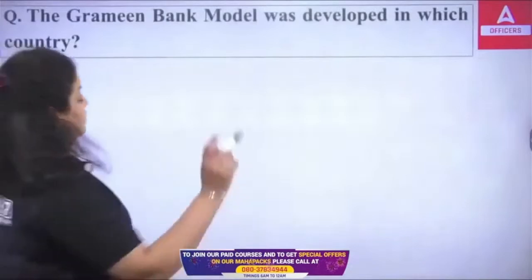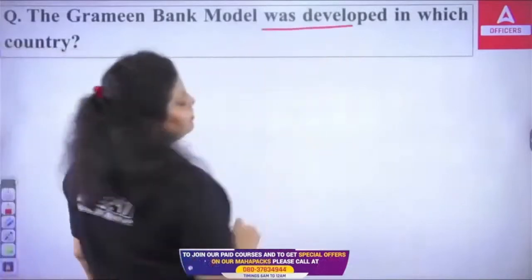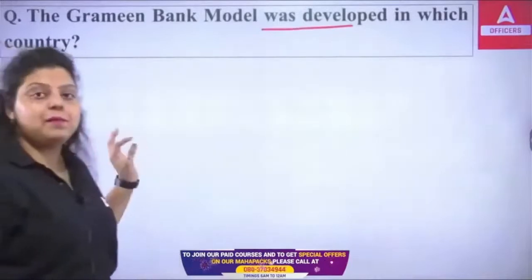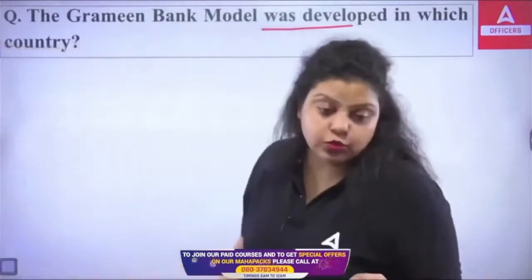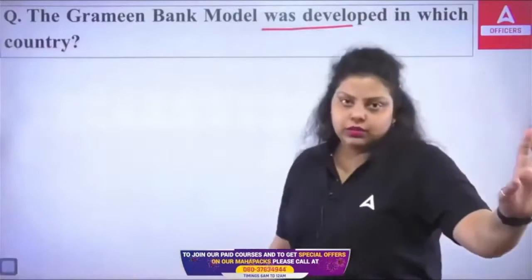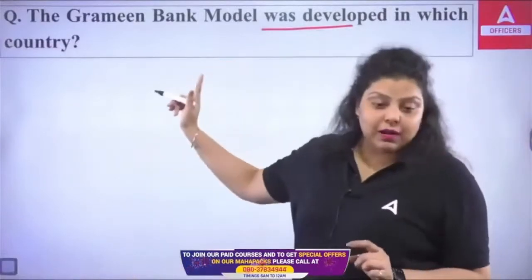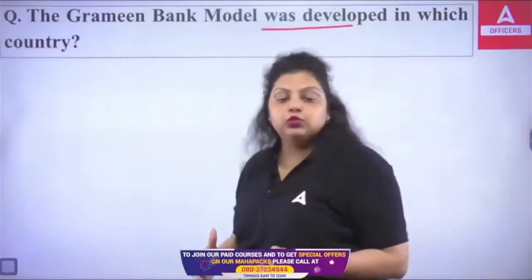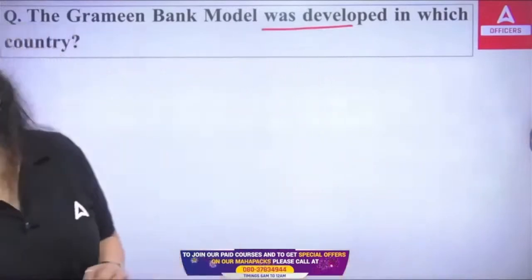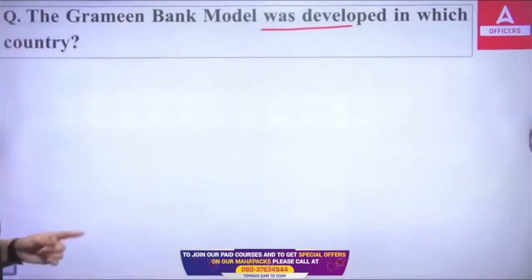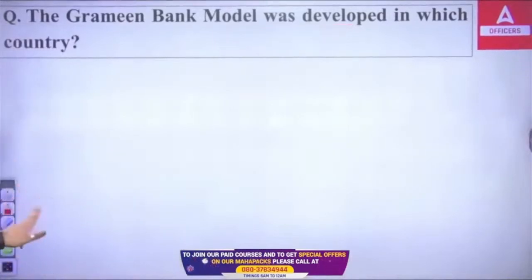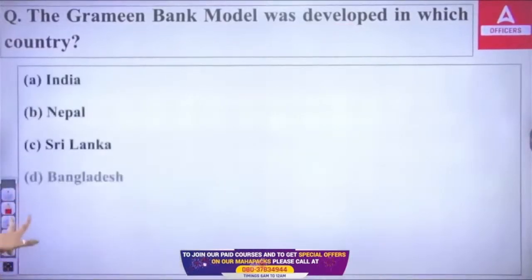The Grameen Bank model was developed in which country? This was a very famous model. After seeing the success of the Grameen Bank model, we introduced the microcredit facility. The options are India, Nepal, Sri Lanka and Bangladesh, and the right answer is Bangladesh.